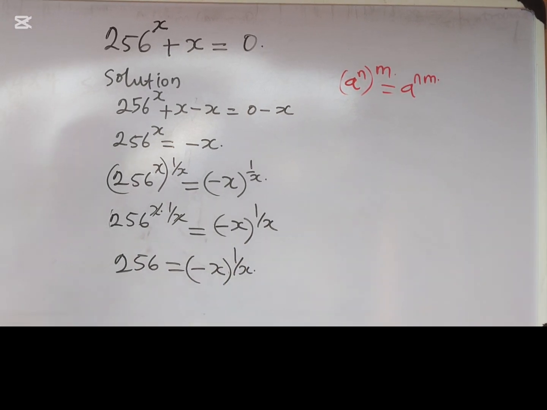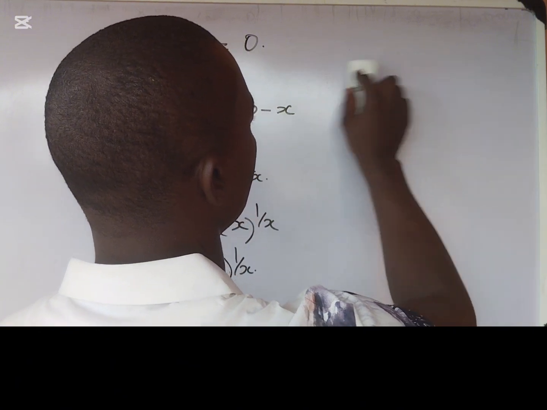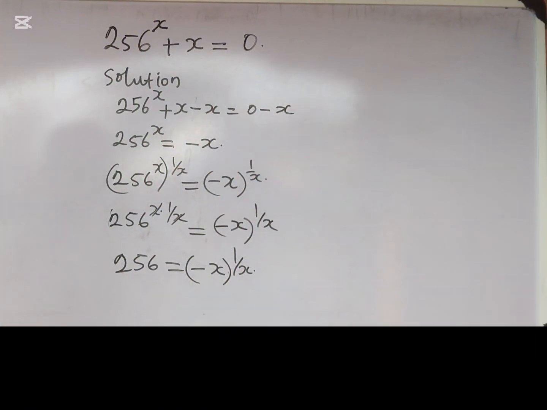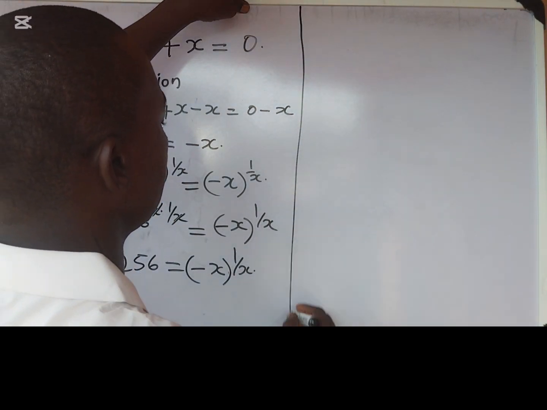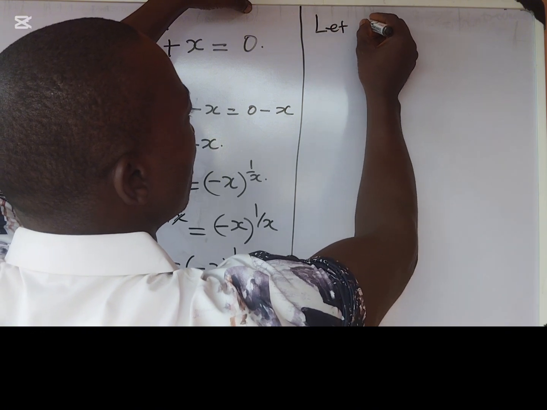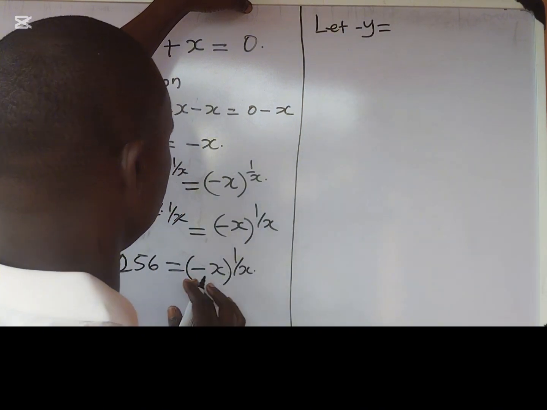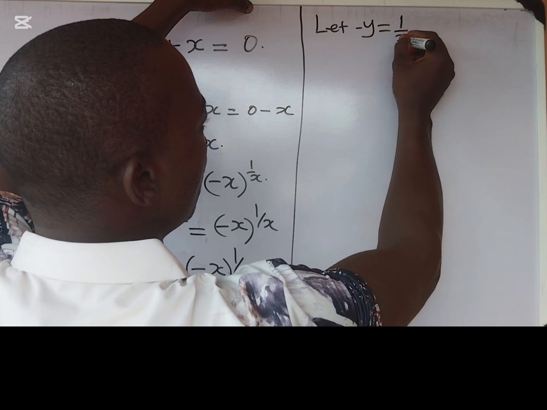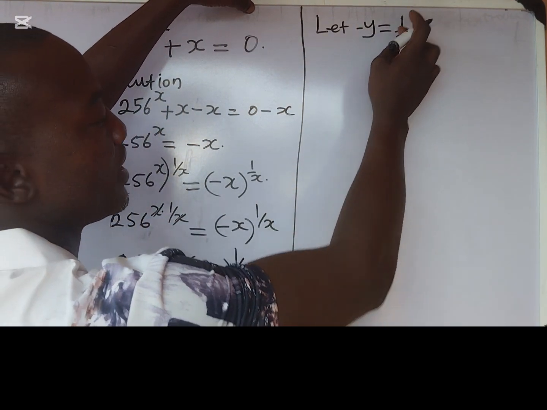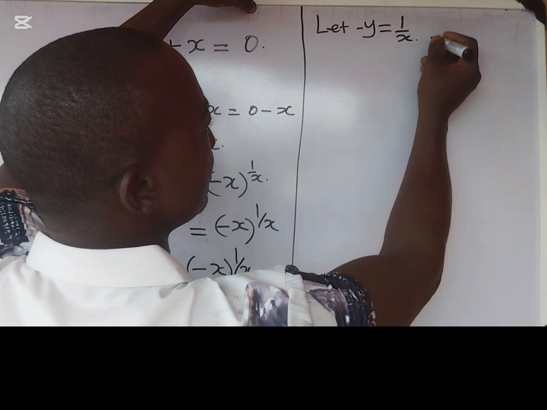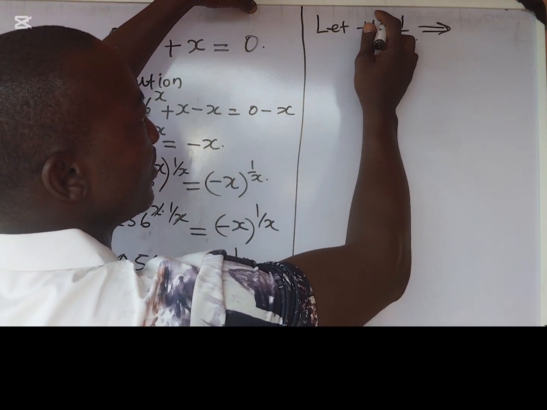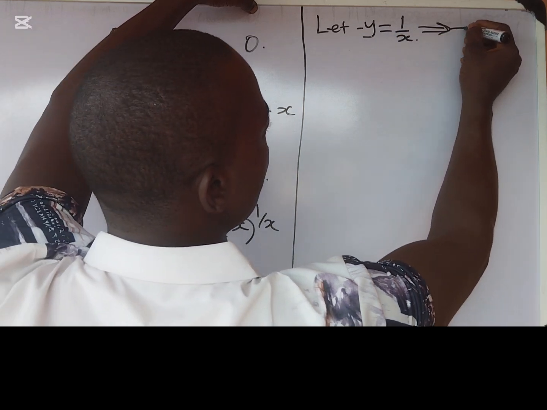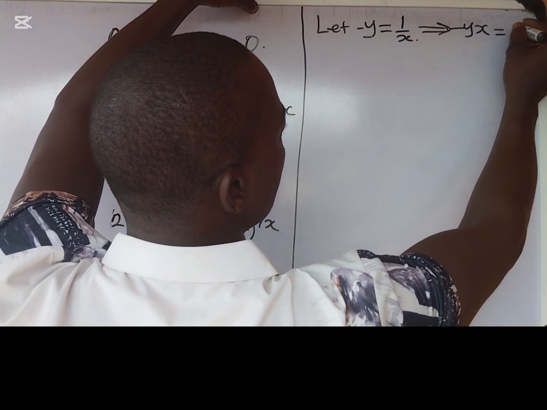So what are we going to do when we get to this point? We're going to try some substitution, or make an assumption. We can say, let minus y be equal to 1 over x. If minus y is equal to 1 over x, it implies that we can multiply both sides by x to get minus yx is equal to 1.